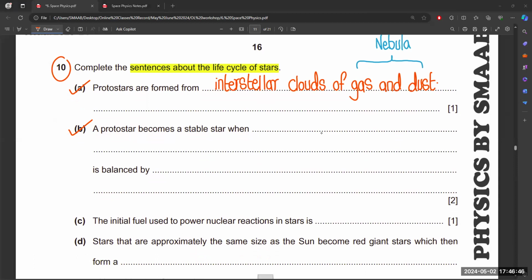So in part B, a protostar becomes stable. A hint is already given in the question: it is balanced by. If someone doesn't know how to answer this question, you will automatically get a hint if you study this topic. There is a concept of the balance of two forces. Basically the gravitational force is acting inward and it is balanced by the force due to the high temperature in the outward direction.